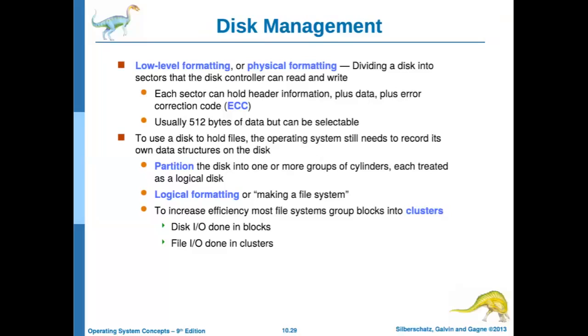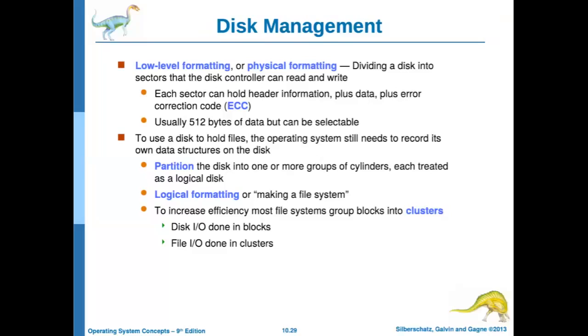So now there are two ways. The low level formatting or physical formatting will divide the disk into sectors that the disk controller can read and write. Okay, so that is what the low level formatting is, where each sector can hold header information plus some sort of data and error correction codes. Most of the time, typically 512 bytes of data.